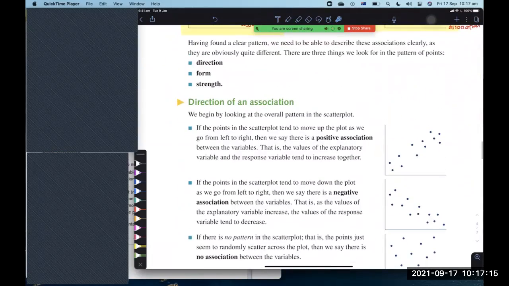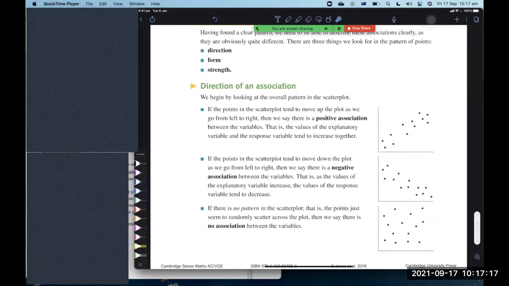So with the direction, we've already talked about it. Okay. Positive or negative. Direction can be positive or negative. You just have to be able to recognize and choose between the two.